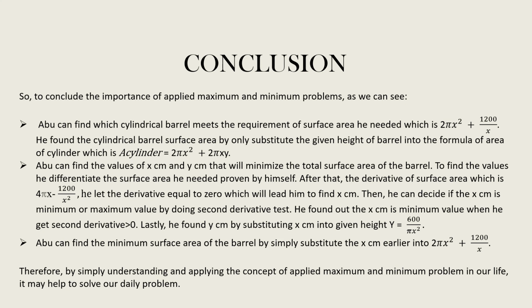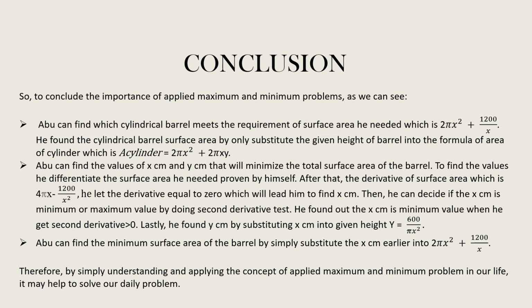After that, the derivative of surface area, which is 4 pi x minus 1200 per x squared, he lets equal to 0, which leads him to find x centimeter. Then, he can decide if the x centimeter is a minimum or maximum value by doing the second derivative test. He found out the x centimeter is a minimum value when he gets the second derivative more than 0.